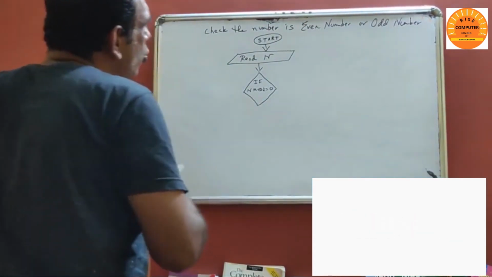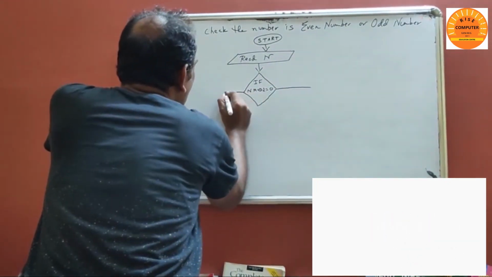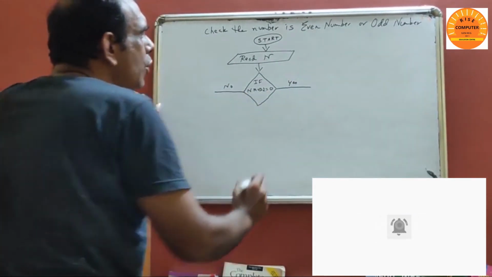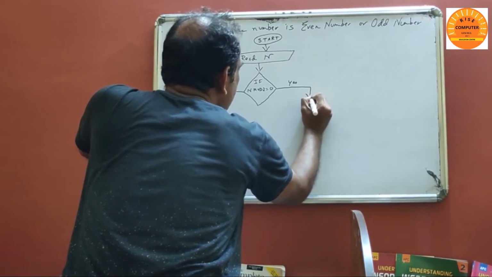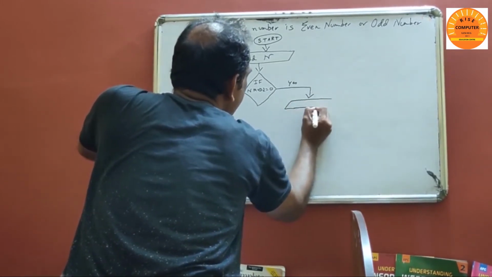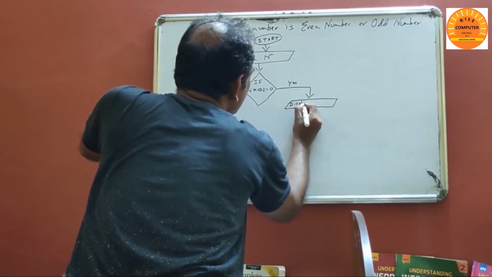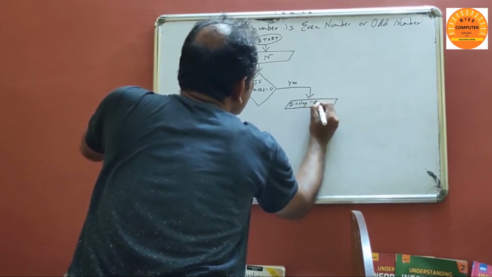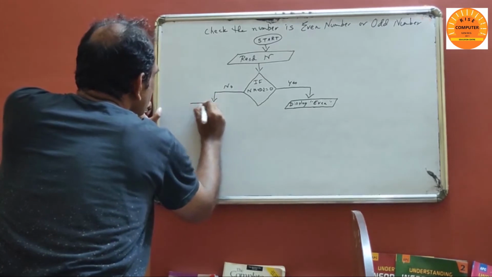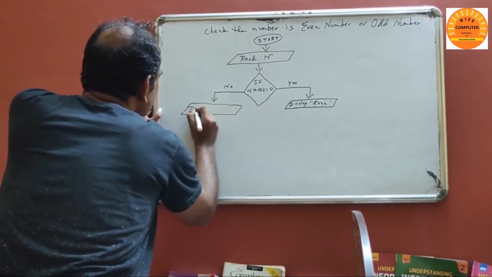In every decision box there are two parts, one is yes and another is no. If it is yes, then display even number, and when it is no, display odd number.